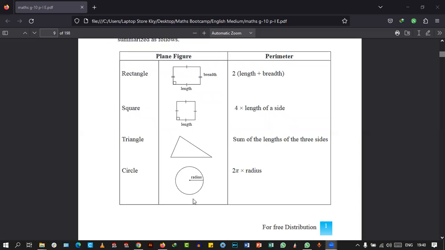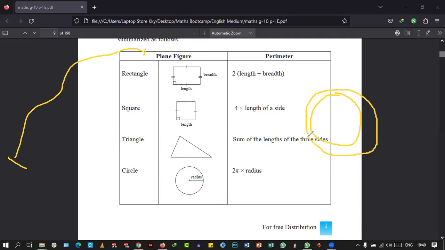But the problem here is the circle, right? Let's say you have a rope like this, and for that particular length of rope, you have to obtain some kind of rod. On the rod, you have to bend that rope very tightly.